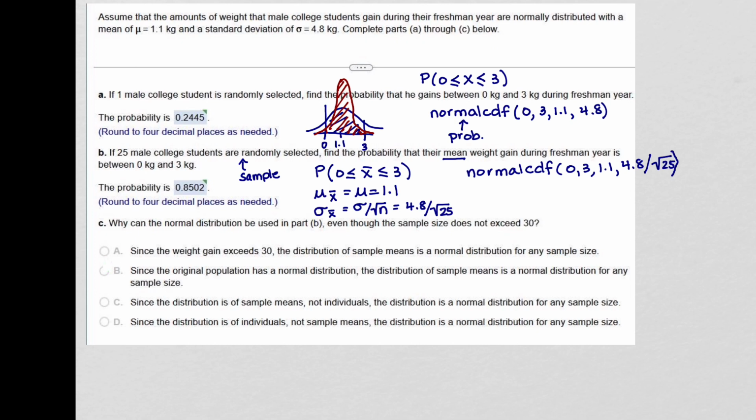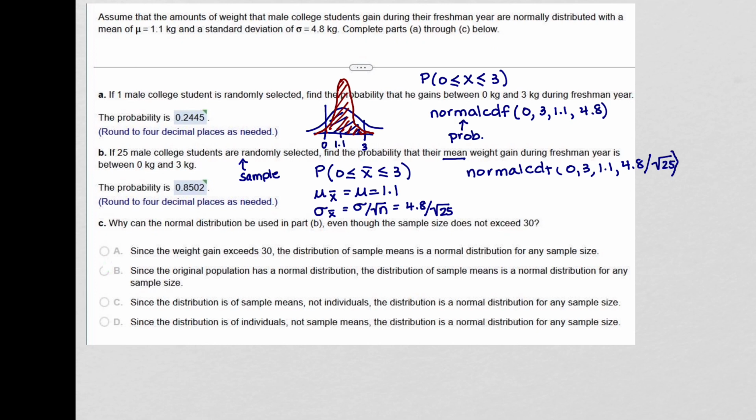So in C, it says, why can the normal distribution be used in Part B, even though the sample size does not exceed 30? So the sample size is technically too small. We only have 25. But the key here is that the weights are normally distributed.